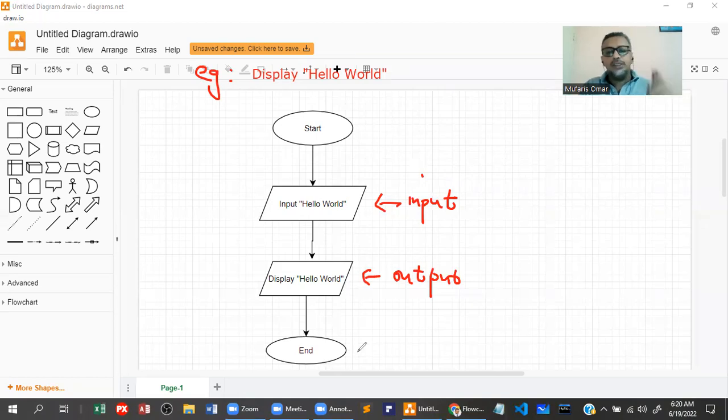Before that, let's note down this example. You can note down this quickly. Then I will tell you what the oval means, and the other symbols that we are going to use in this flow chart.